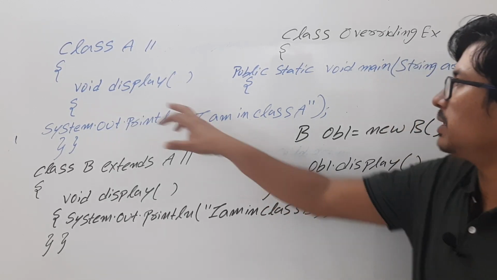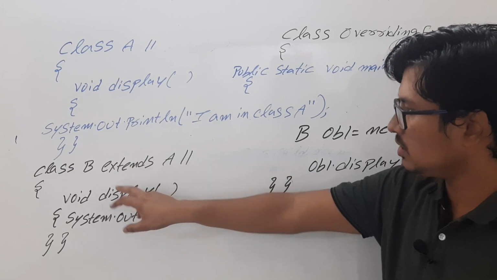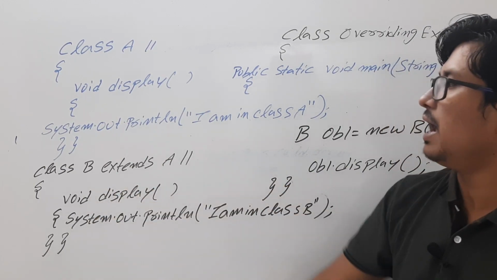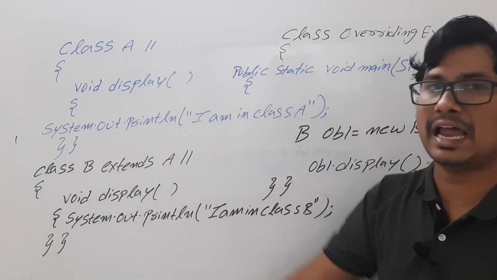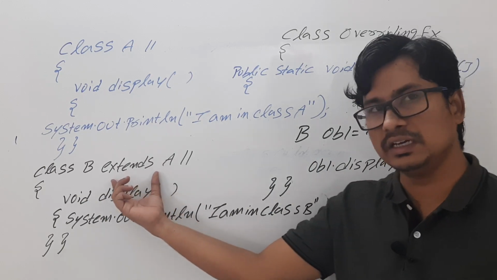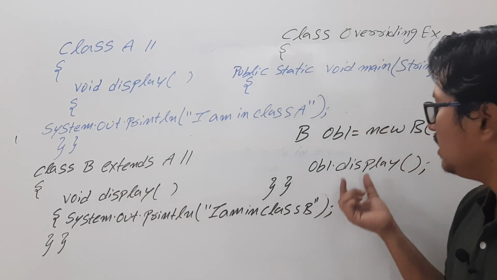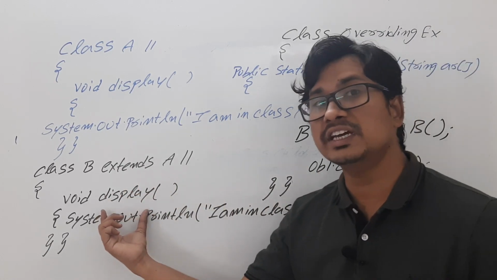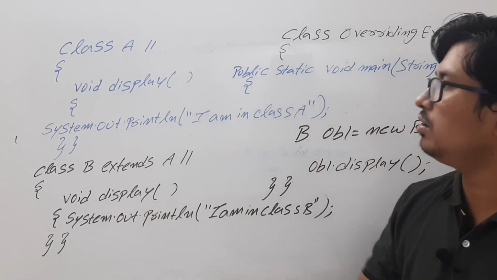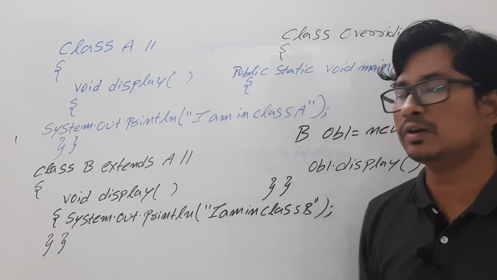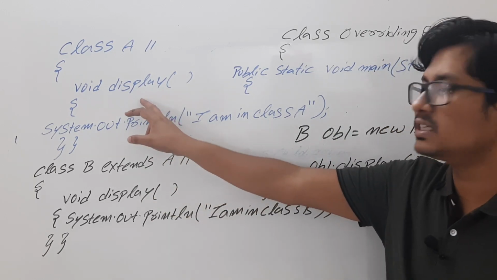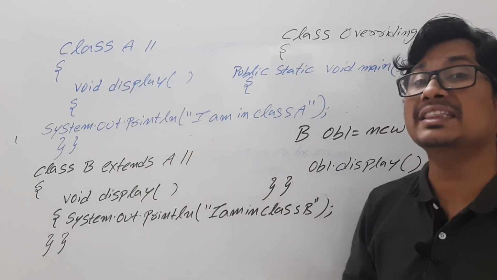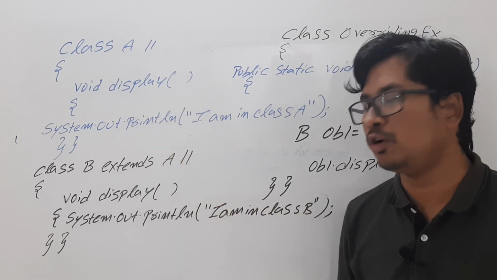There is a display method in the class A, and also there is a display method in the class B, and there is an inheritance between the class B and class A, which is a single level inheritance. Now if you write this statement, whether the child class display method will be called or the parent class display method will be called, obviously, as I said, it will achieve the method overriding, which is runtime polymorphism.